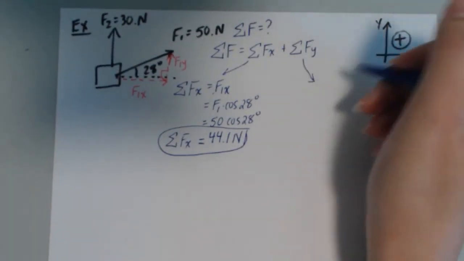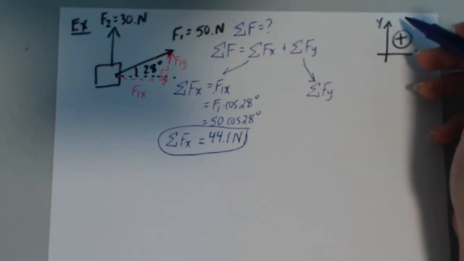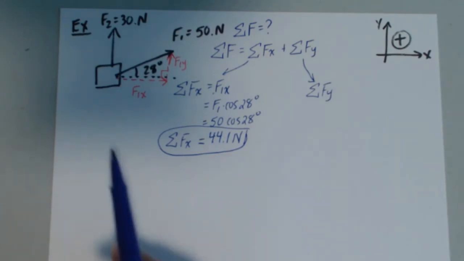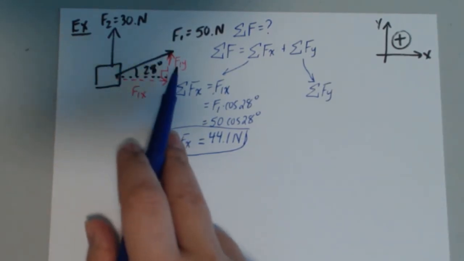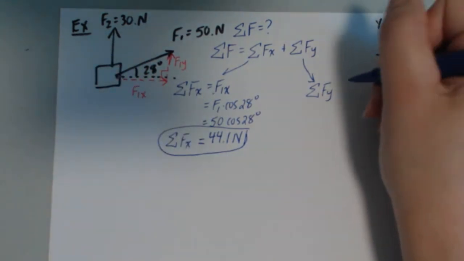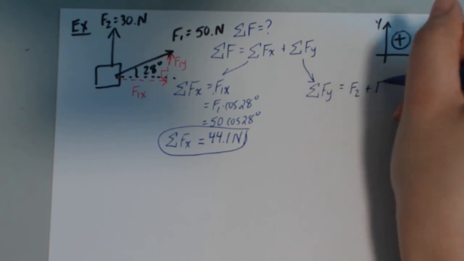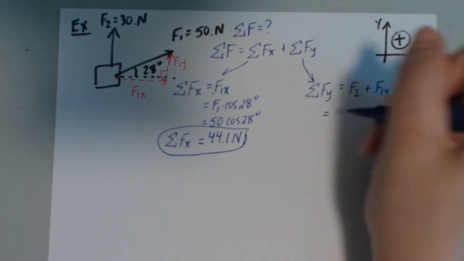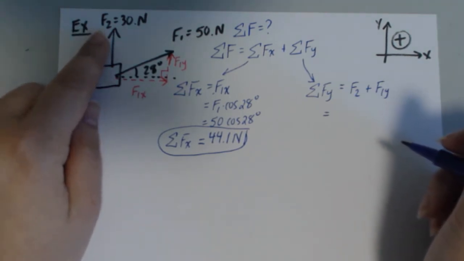Sum of the forces in the y direction. So keep in mind that we defined upwards to be positive y, and in the y direction, looking at our picture, we have 1, 2 forces. Both of them are going in the positive y direction. They're both going up, so we can just add them together and keep them positive. So the sum of the forces in y is going to be equal to F2 plus F1y. All right, so F2, we can just use that directly.